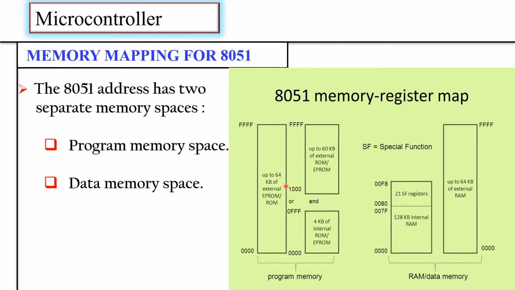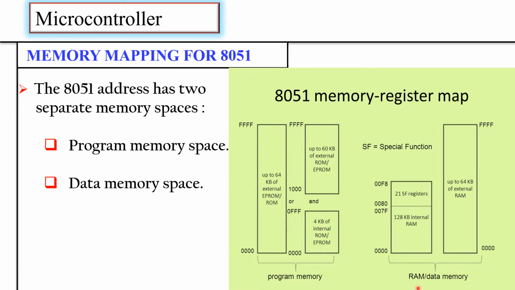Memory mapping of 8051 microcontroller. This is the memory mapping diagram of 8051 microcontroller. If you see here, 8051 has two separate memory spaces. The number one is called the program memory space, whereas the number two is called the data memory space.